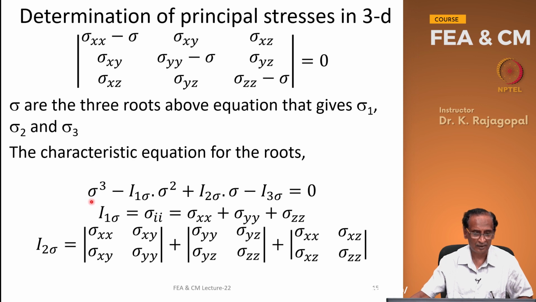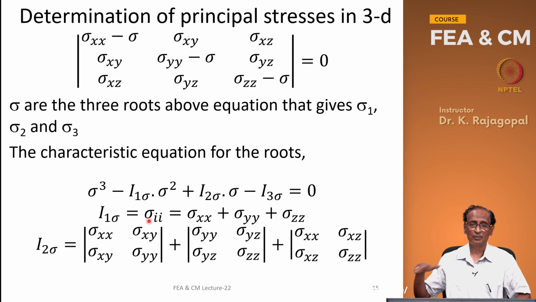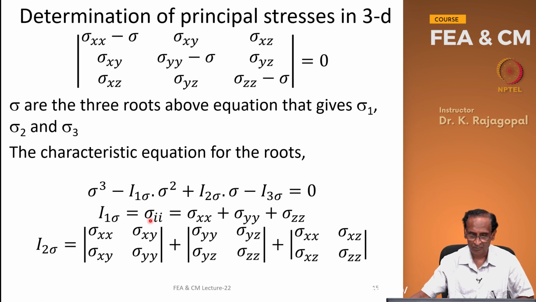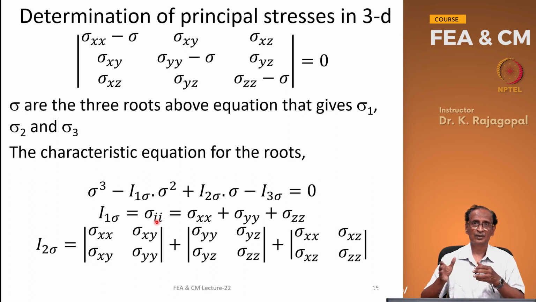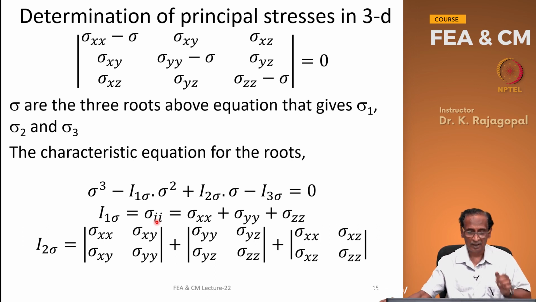It is a cubic equation: sigma cube minus I1 sigma square plus I2 sigma times sigma minus I3 sigma is 0. Here I1 sigma is the sum total of the 3 normal stresses. Sigma ii, in index notation with a repeated index, means a summation with i varying from 1 to 3 in 3 dimensions, and from 1 to 2 in 2 dimensions.